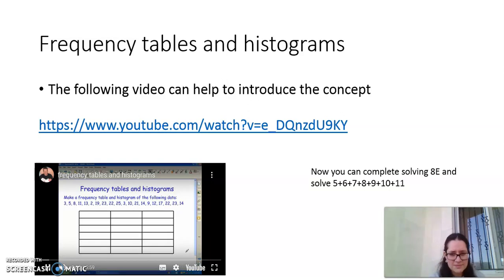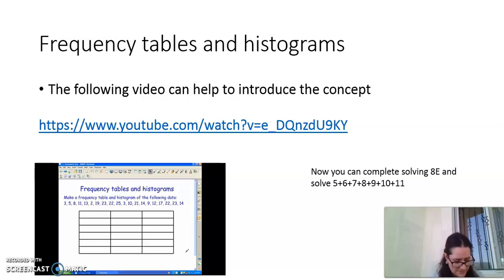Okay, our lesson for today is on frequency tables and histograms. And all a frequency table is, it's a table we set up to help us collect data, and it'll break our data into intervals for us. So if I were given this group of data here, I would set my frequency table. The first column is always just your data, whatever you're looking at.